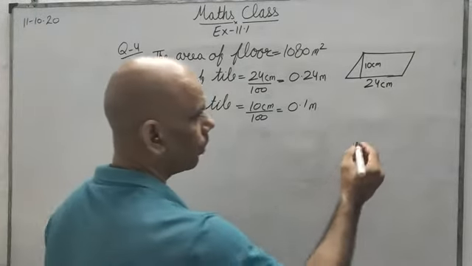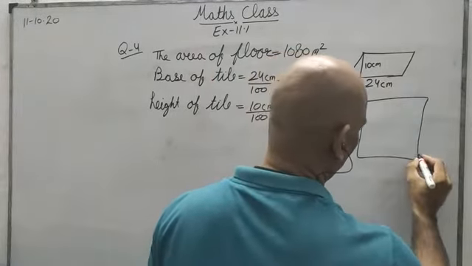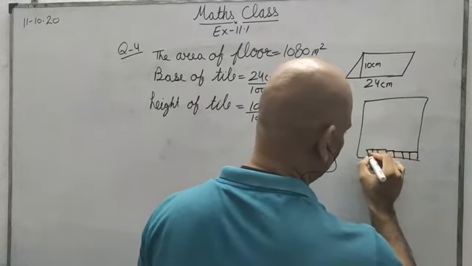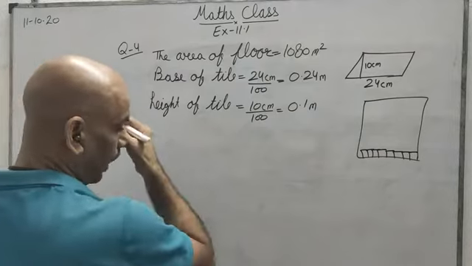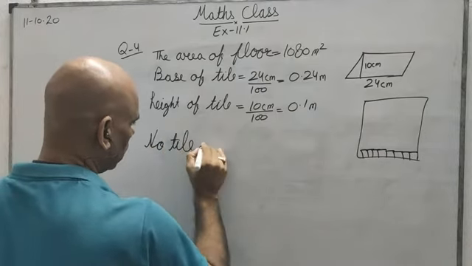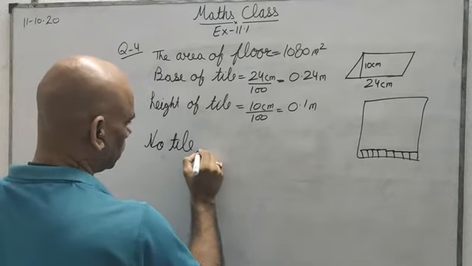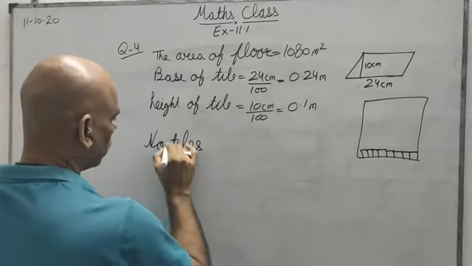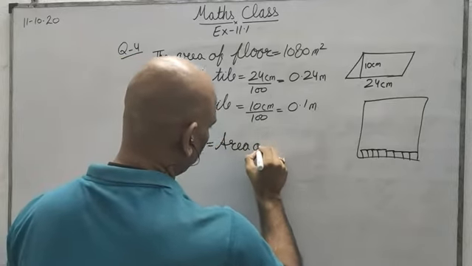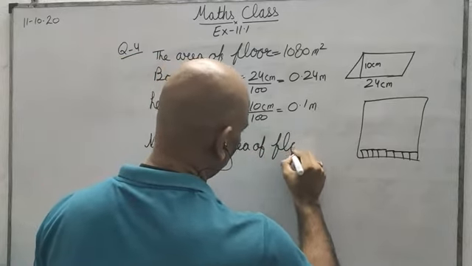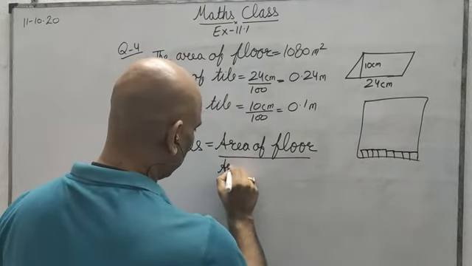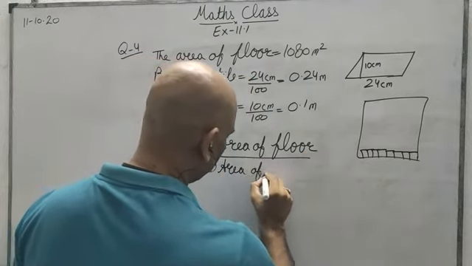Now you remember we have solved a question like this in class 6, that if in a big floor we want to cover it with tiles, how we will find the number of tiles? Number of tiles is equal to area of floor divided by area of tile.